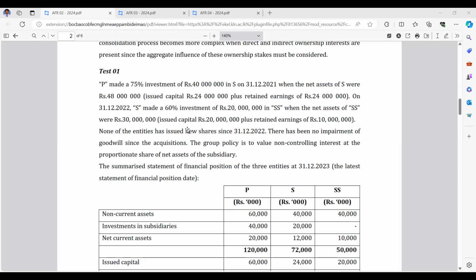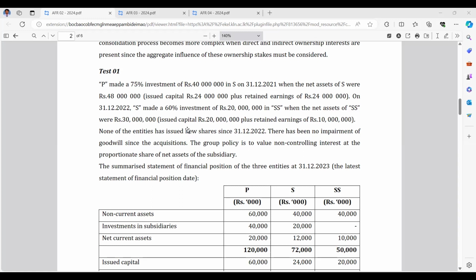And the NCI account, non-controlling interest, and the stated capital of S, and we need another account, the stated capital of SS.